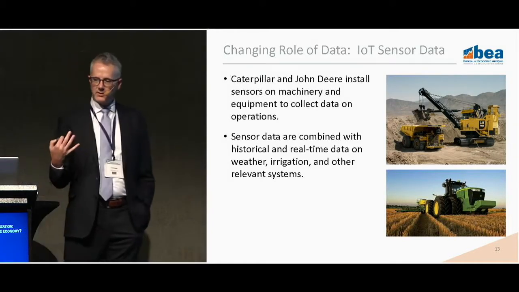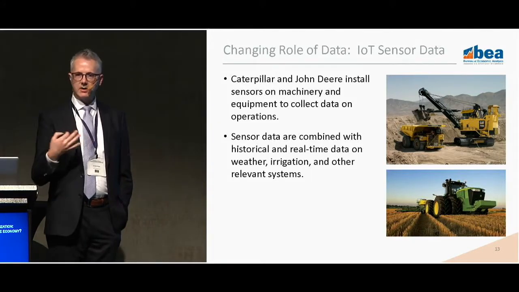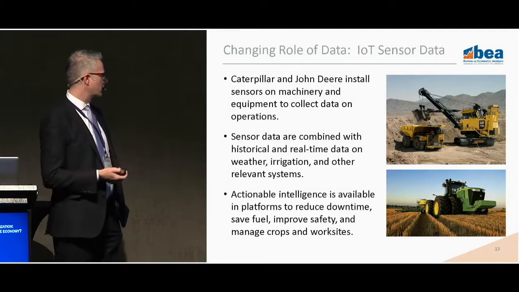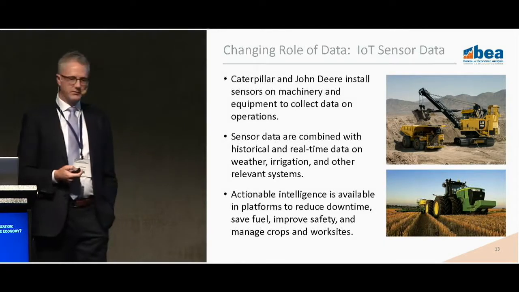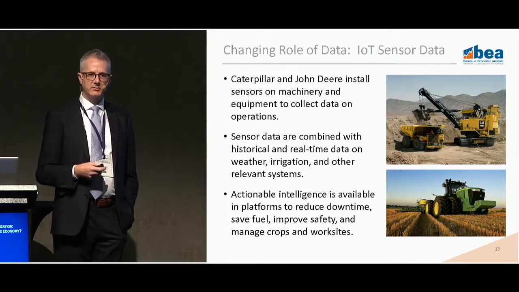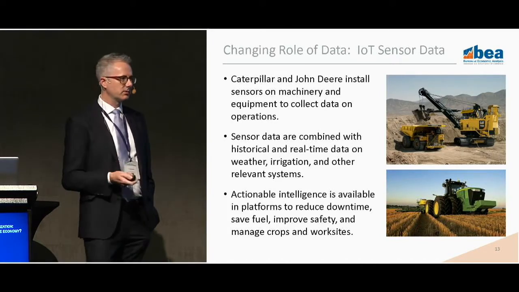And they can be combined with other data sources, either in real time or historical data sources, and then used to implement decisions around reducing downtime, saving fuel, and improving safety. So this is one area. IoT sensor data has been at the epicenter of the recent data proliferation.